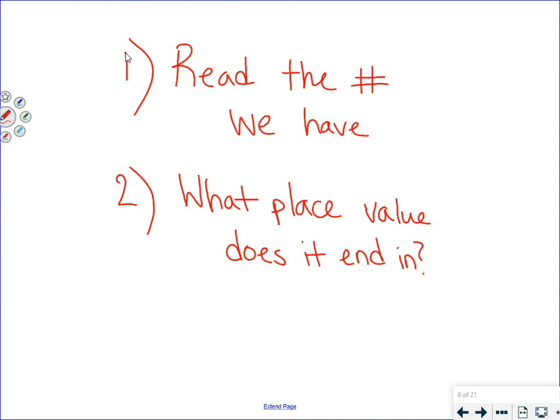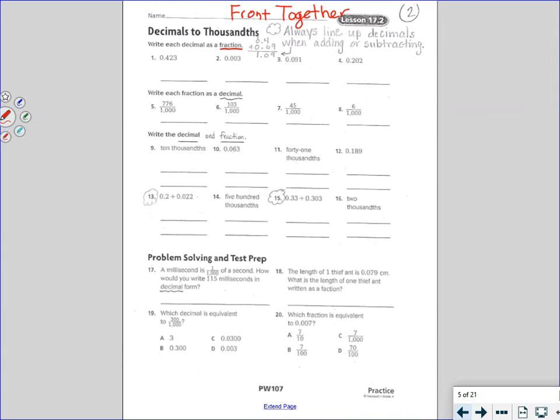We'll read the number we have. For example, if it has 0.072, I would read that as 72, and then what place value does it end in? It ends in the thousandths, so 72 thousandths. Going back here, read this out loud: 423 thousandths.